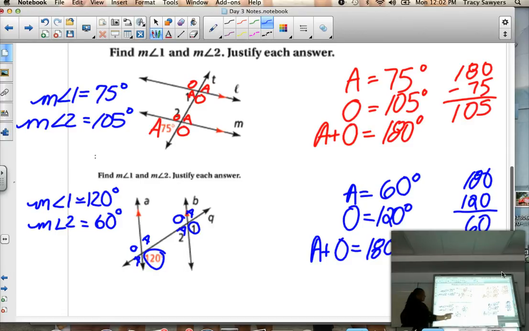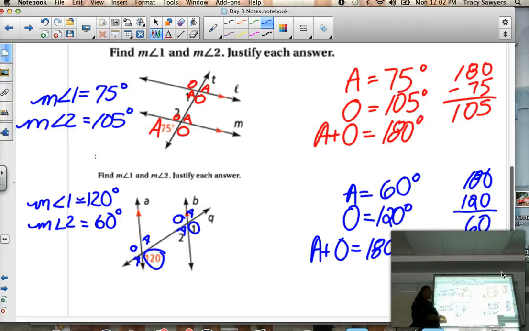So that's an obtuse angle. And then we put our pattern on, we put our A's and O's on, and we found that this one's 120, so all of the O's are going to be 120. And since angle 1 has an O on it, that's our key over there, our O's have to be 120.